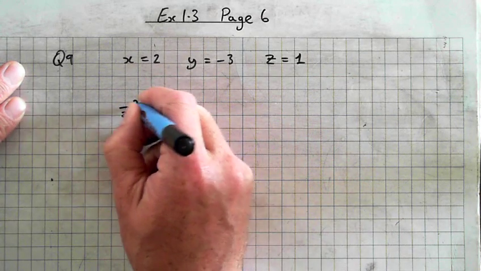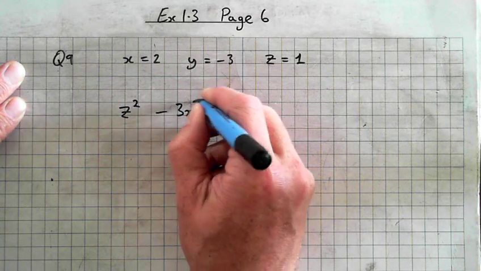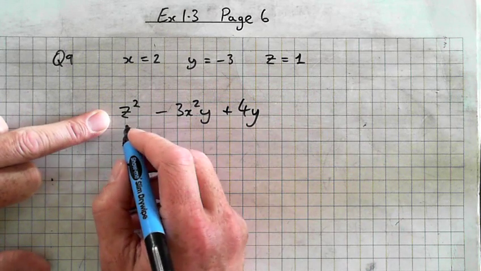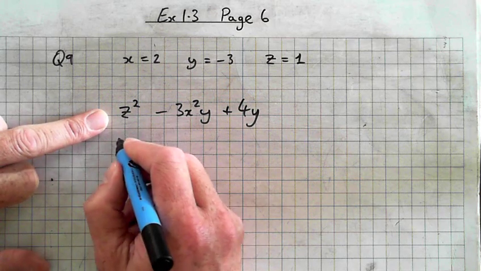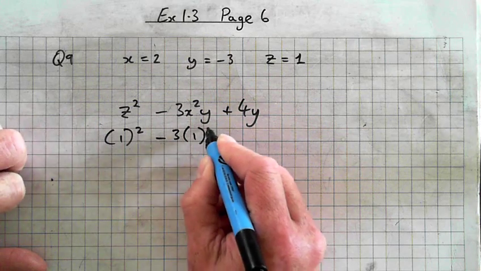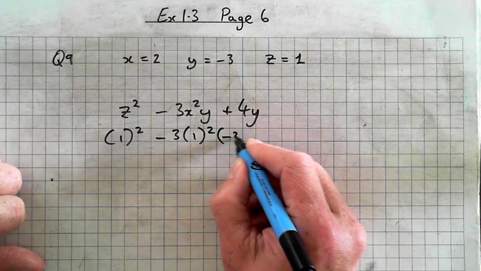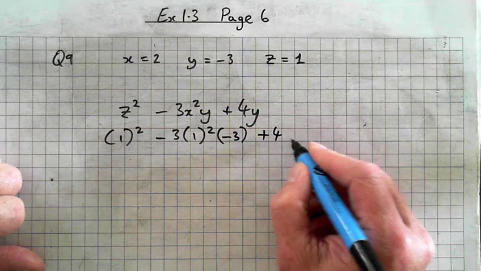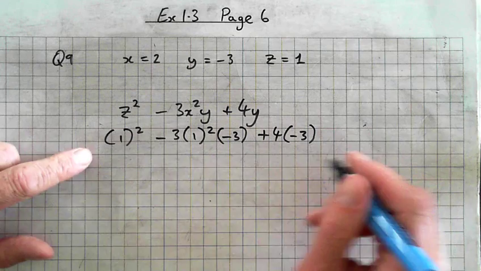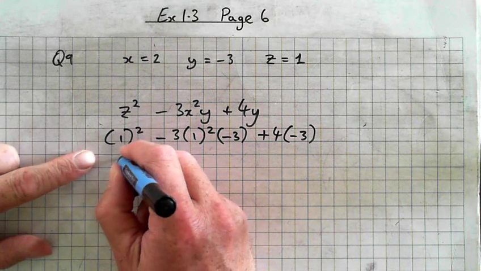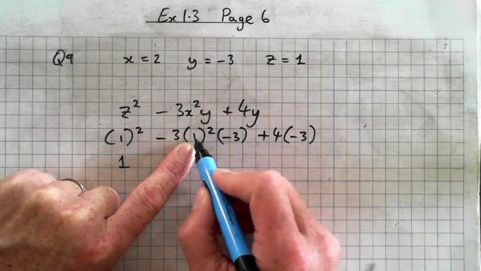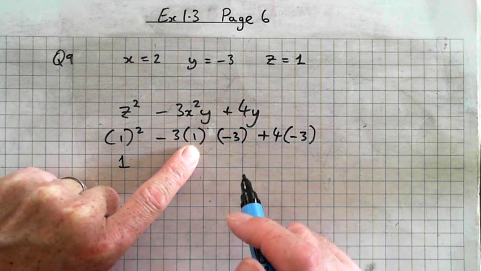Question 9: z squared minus 3x squared y plus 4y. So again, replace the z with brackets and the number. Z is 1, so 1 squared, 3 times 1 squared, bracket, y is minus 3. Is that okay? 1 squared is 1 times 1, which is 1. Over here we deal with this bit first. 1 squared, 1 times 1 is 1.